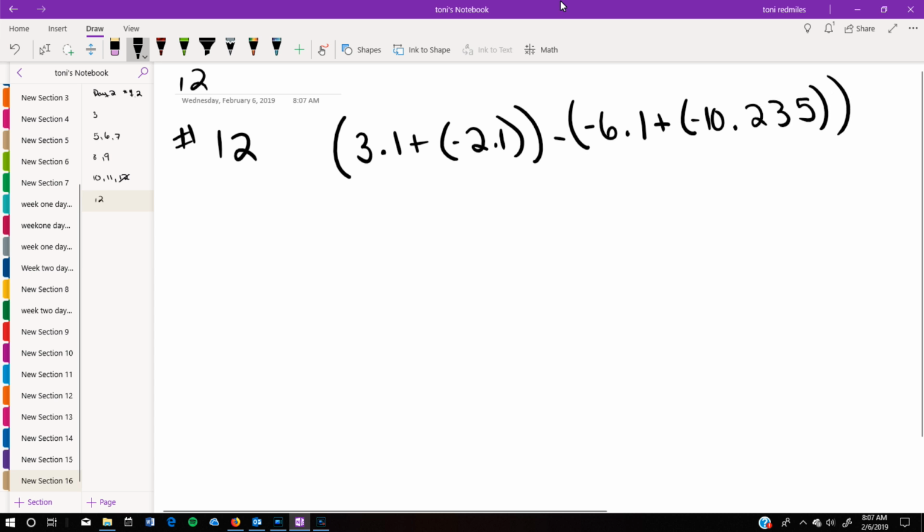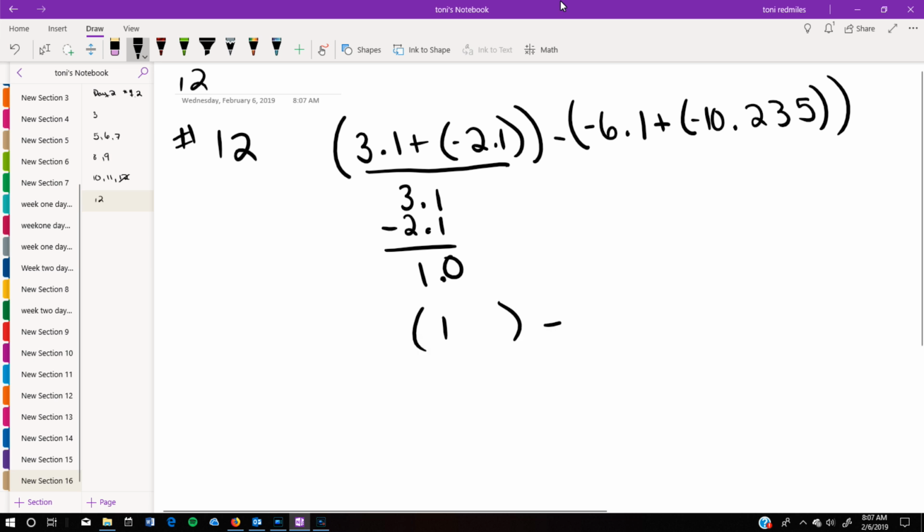All right, so I have to apply order of operations to this one, which means doing what's inside the parentheses. Okay, so I have a positive and a negative number, so I am subtracting. All right, so that's 0.1. So my answer is 1 for this parenthesis.